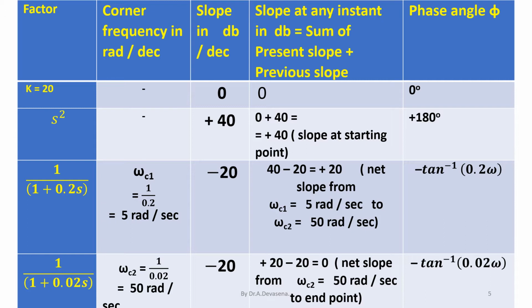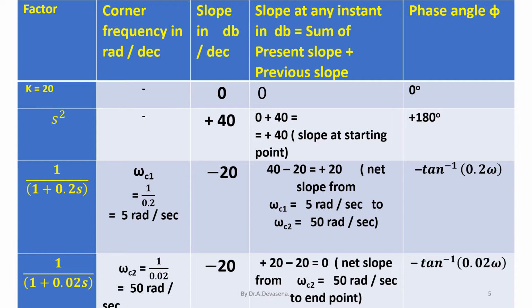Now we consider the fourth factor, 1 divided by 1 plus 0.02s. For this, omega c2 is equal to 1 divided by 0.02, so the value is 50 radians per second. This is a simple pole, so it provides minus 20 dB. The previous slope is plus 20, present slope is minus 20, so plus 20 minus 20 is equal to 0.